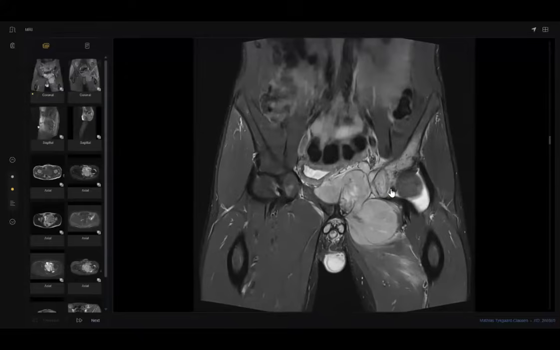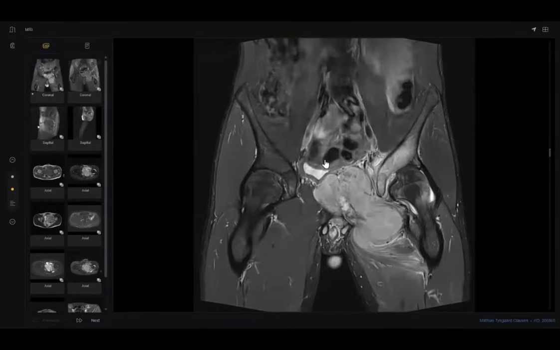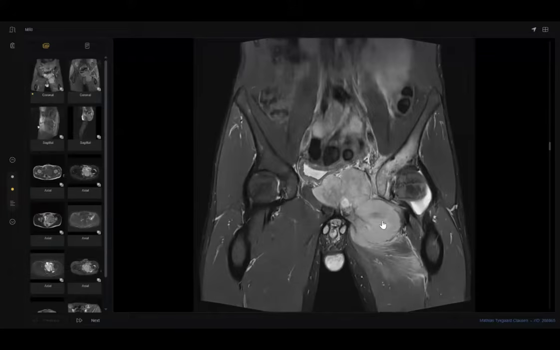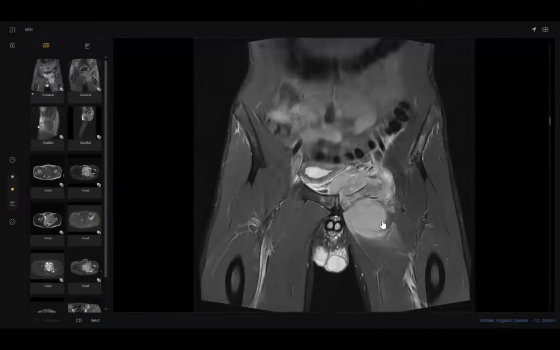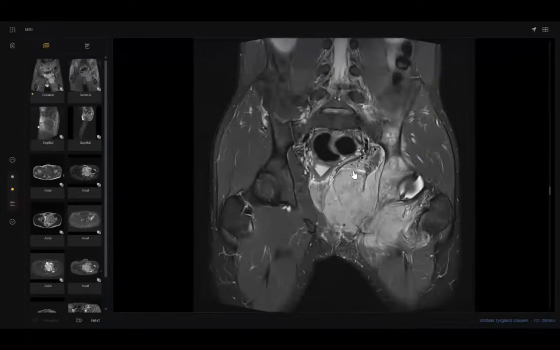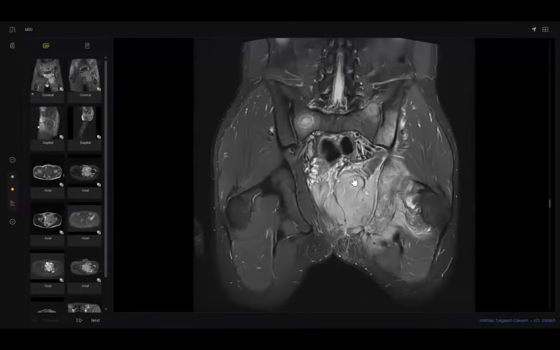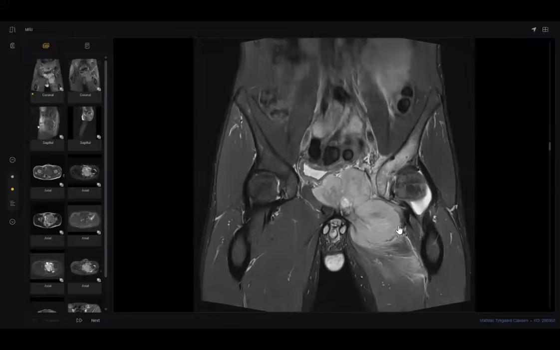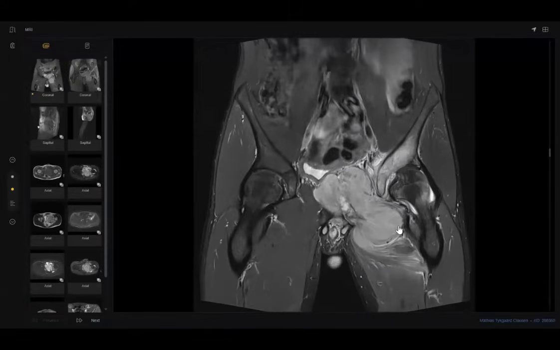What we should do here is describe what we see. This is a large soft tissue, aggressive tumor infiltrating the left hemipelvis or the left pubic bone, with intrapelvic extension, displacing the bladder, extending into the adductor muscle, affecting the acetabulum, with metastasis here.